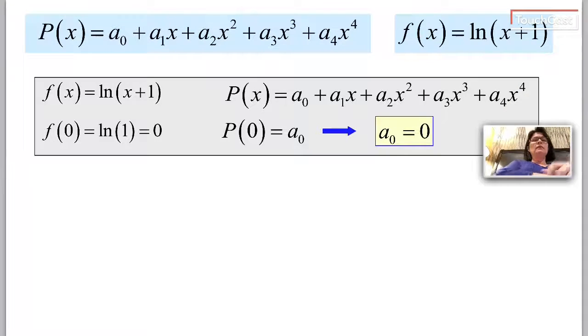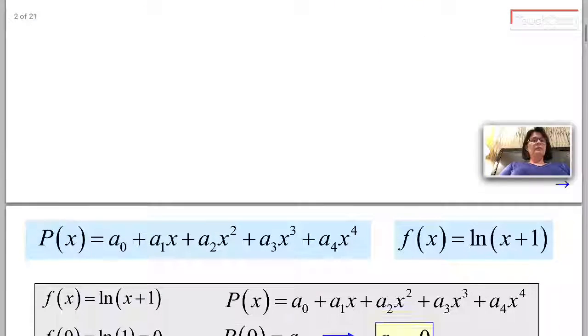So here's f of 0, that's natural log of 1, which is 0, and p of 0. You can imagine plugging in 0 for all the x's, right? P of 0 is just going to be a sub 0, so if f of 0 is 0, I'm going to need my a sub 0 to also equal 0.